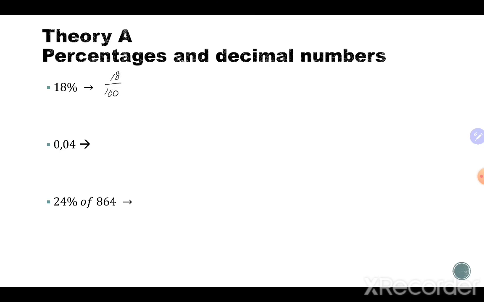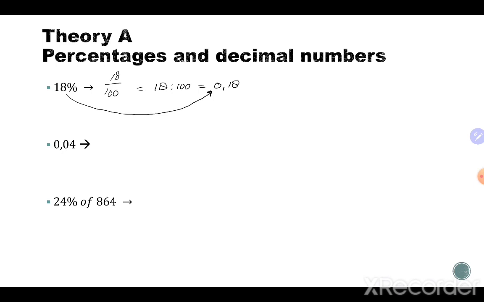And 18 over 100 is just a calculation: 18 divided by 100. And 18 divided by 100, we just move the comma 2 places to the left. So it's 0,18.